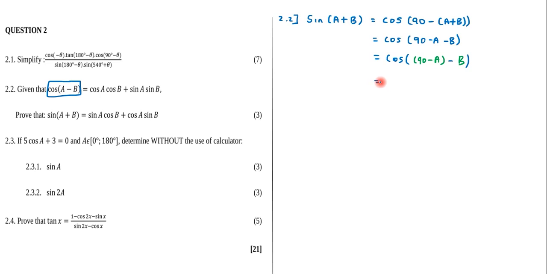So because of that, it then means now I'll just expand according to that one.